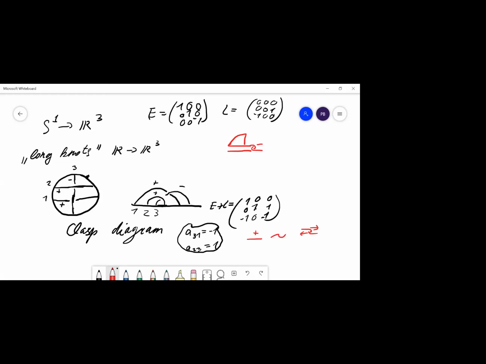And a minus chord corresponds to a crossing that goes like this. And so now I'm trying to draw my knot on my diagram. And I'll have something like this.